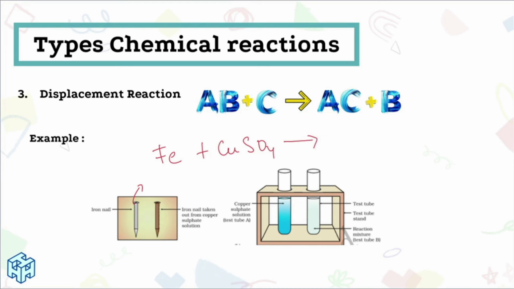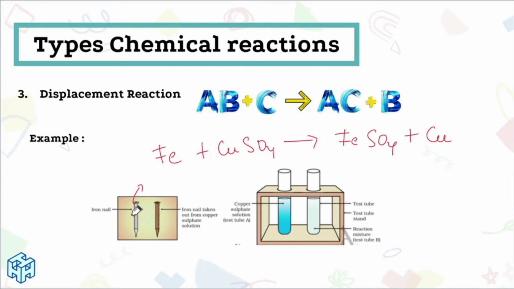So what is happening? This notorious guy, sulfate, is replacing copper and joining with iron. Ferrous sulfate is forming, whereas Cu is left alone.